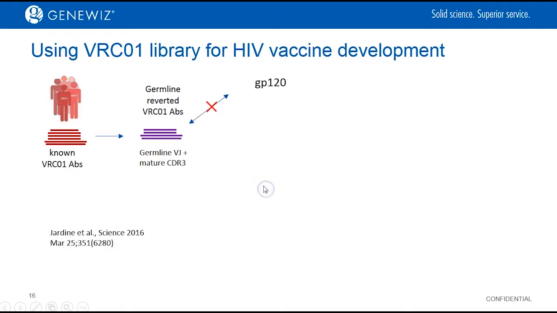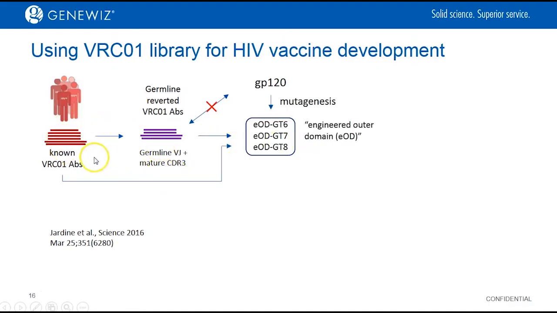So they tested interactions of these antibodies with antigen GP120. Unfortunately, they found no interaction, so they used the libraries, both VRC01 antibodies and reverted germline libraries, to improve the property of GP120 protein by mutagenesis.